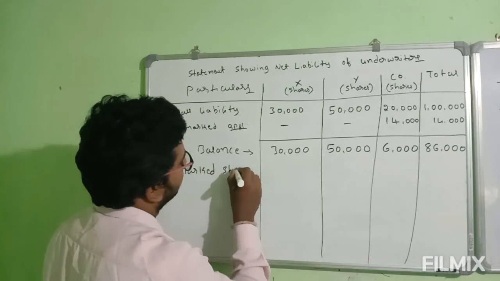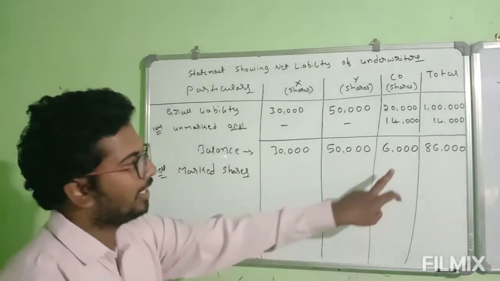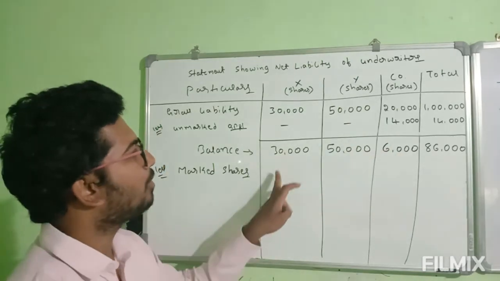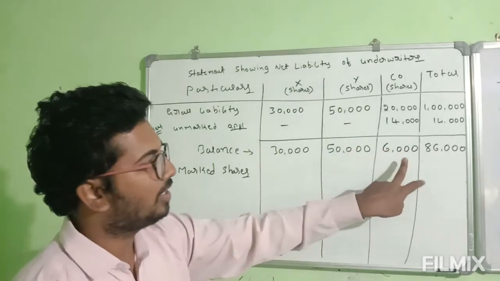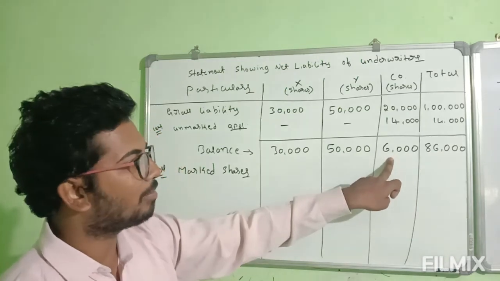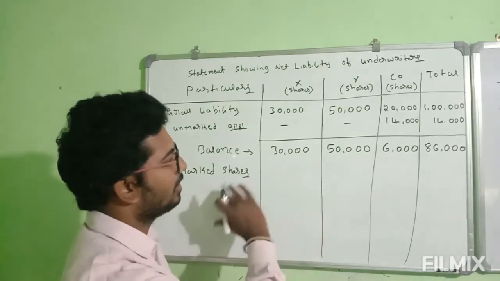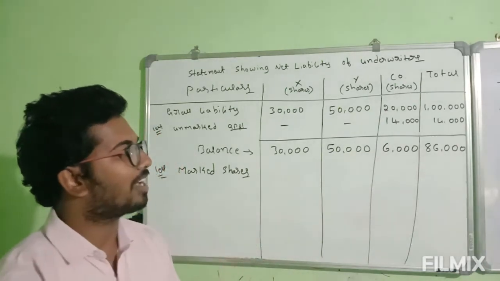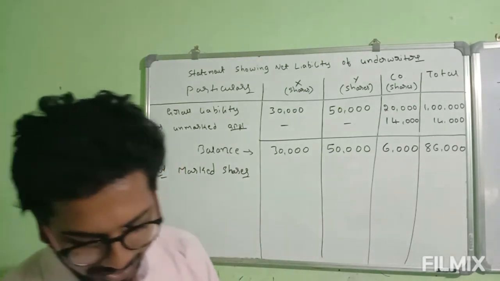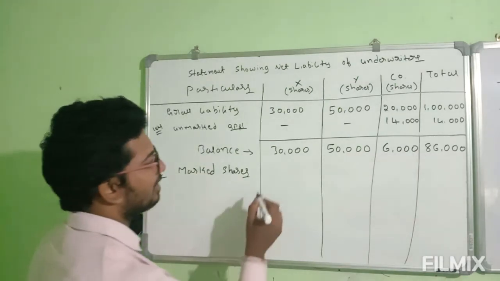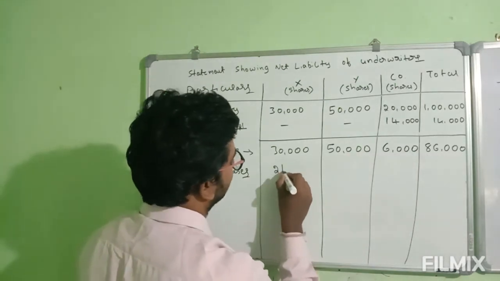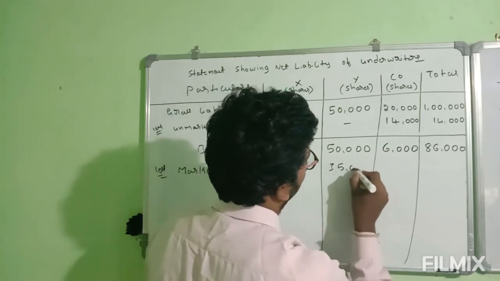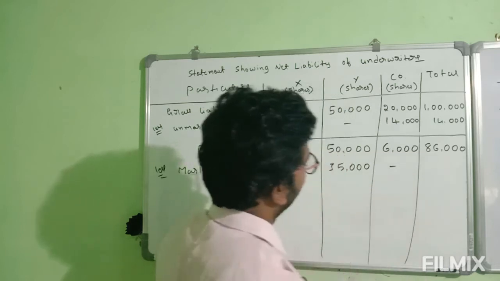Then again less marked shares. You may ask: if a negative balance or surplus comes here, then again we distribute it to the remaining partners. Here no surplus has come; a positive balance has come. So there is no further distribution of surplus like the previous one. Marked shares we already found: X 21,000, Y 35,000, no marked shares for the company.